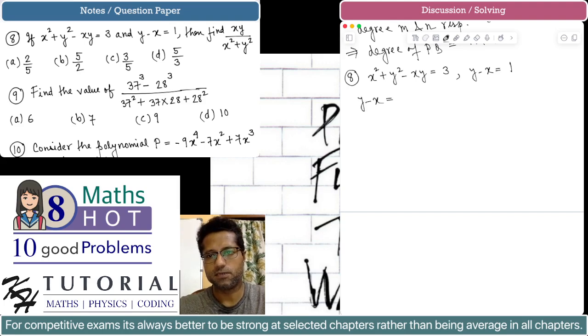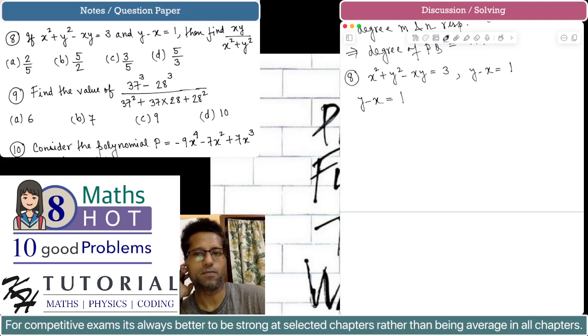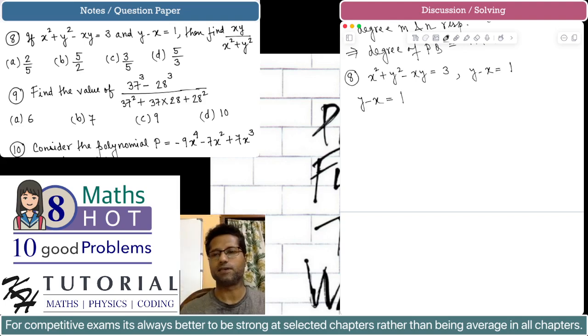Now, y minus x is given as 1, and we also have x square plus y square minus xy equals 3. You can only get the term x square plus y square if you take the square of y minus x.